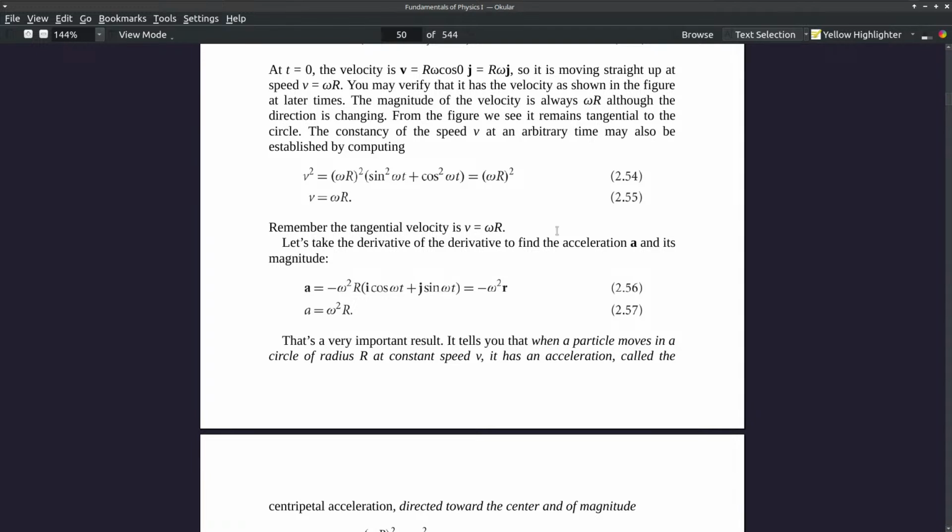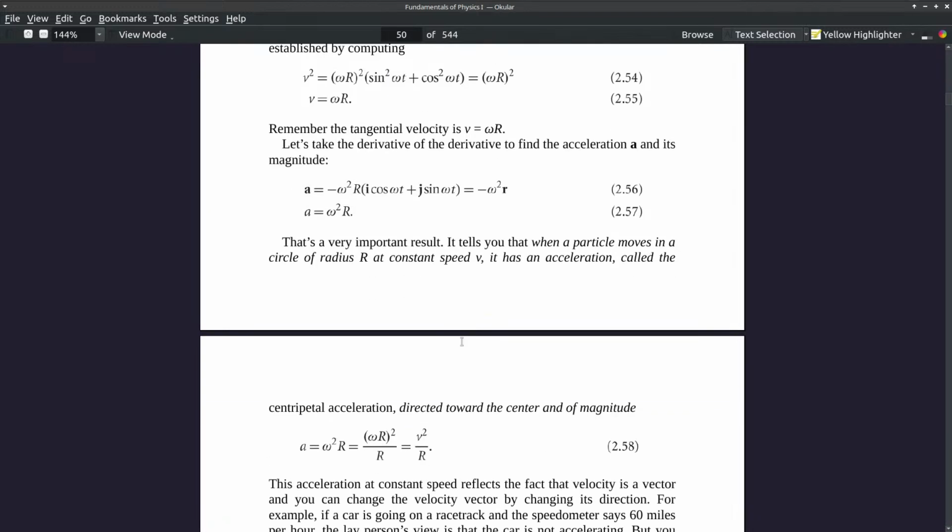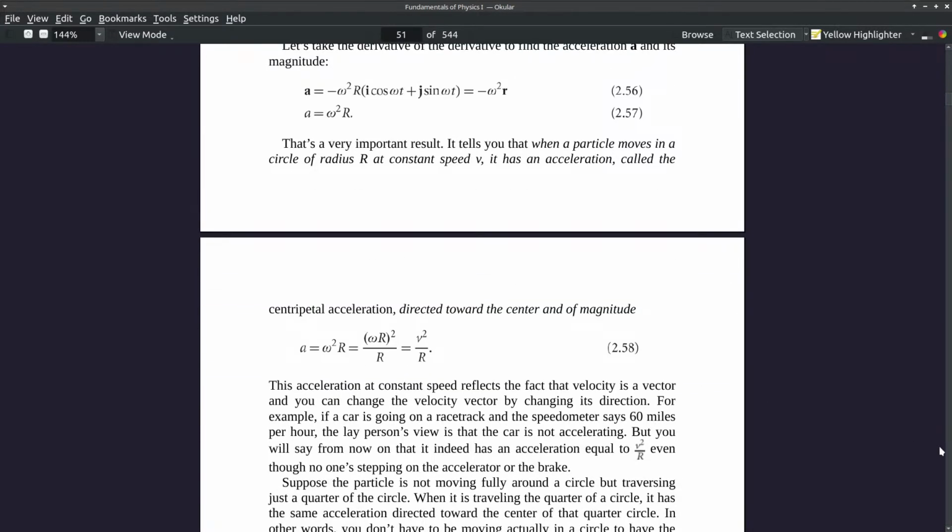That's a very important result. It tells you that when a particle moves in a circle of radius r at a constant speed v, it has an acceleration called the centripetal acceleration, directed towards the center and of magnitude a equals omega squared r, which equals (omega r) squared over r, which equals v squared over r.